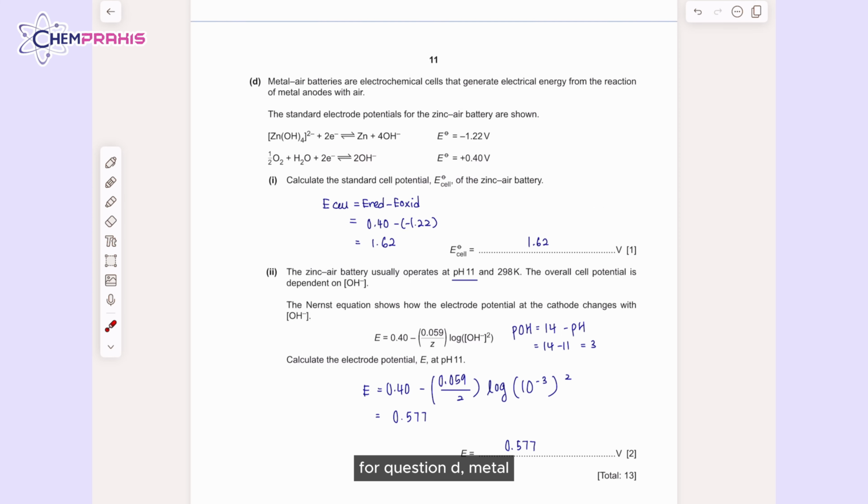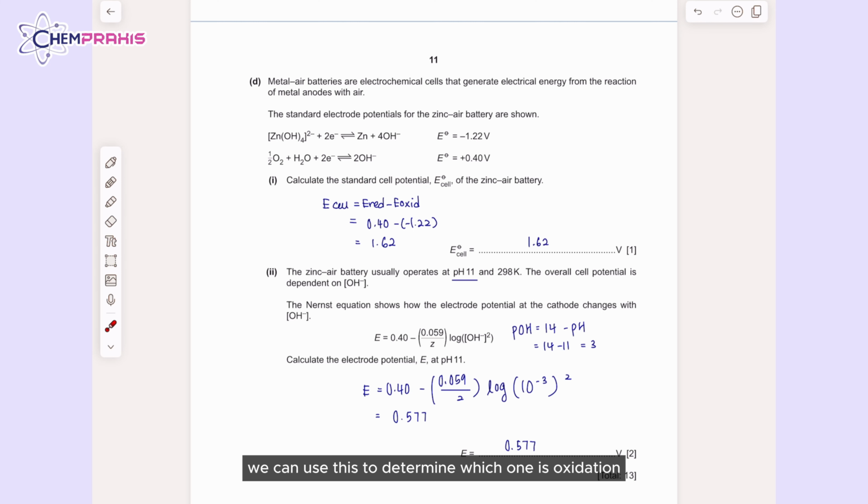For question D, metal-air batteries are electrochemical cells that generate electrical energy from the reaction of metal anodes with air. The standard electrode potentials for the zinc-air battery are shown. So this is the half equation, and this is the standard electrode potential. Calculate the standard cell potential of the zinc-air battery.